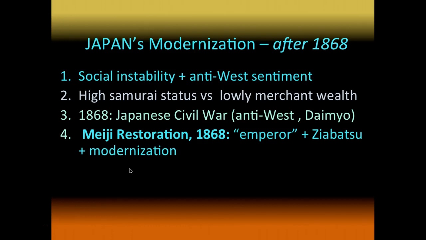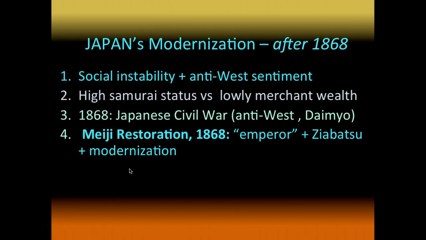All of this led to civil war in Japan, and it ended with what was called the Meiji Restoration era, which began in 1868. And this was the controlled restoration of imperial rule by the younger Zaibatsu. The Zaibatsu were ex-samurai from the southern part of Japan who learned from the West to become big business leaders.